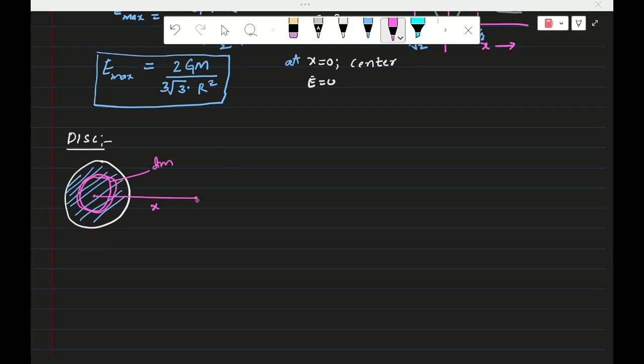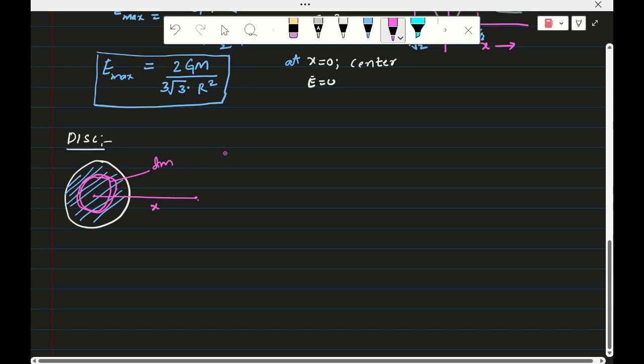So now at this point, due to this ring of mass dm, we already know the field equals g dm into x by (a square plus x square) whole power 3 by 2, because the radius of this ring is equal to a.